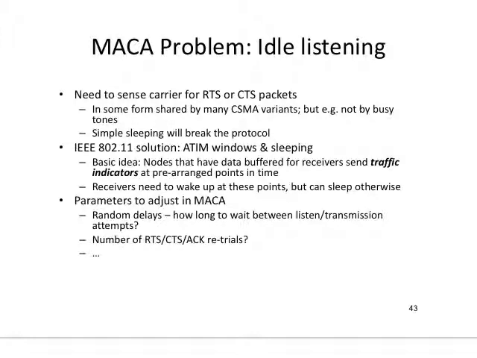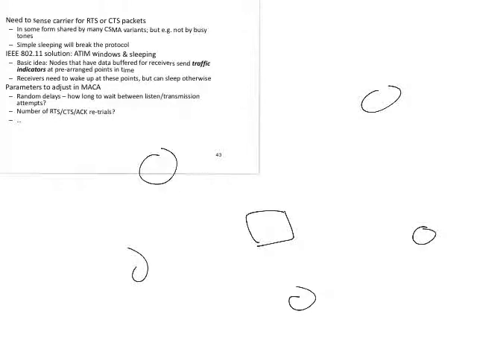The way 802.11 works is that we have the access point and some nodes. We have two modes of operation. One is called the distributed coordination function.